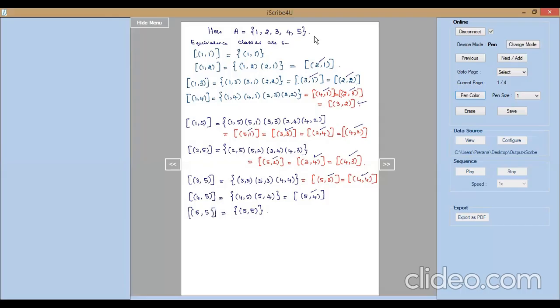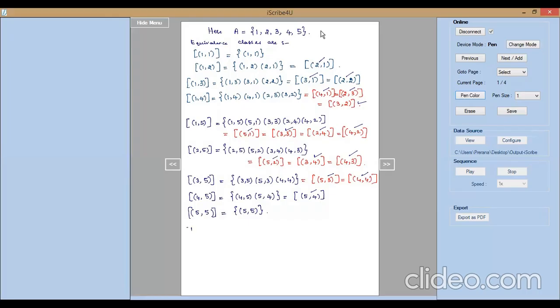So these are different equivalence classes for us. Now among all these, the distinct equivalence classes we will consider in the partition set P. All the distinct equivalence classes put together give you the partition P. Right? So let us write down all those together.